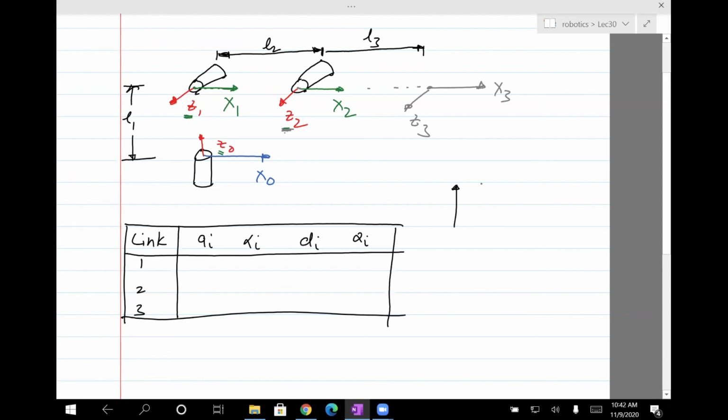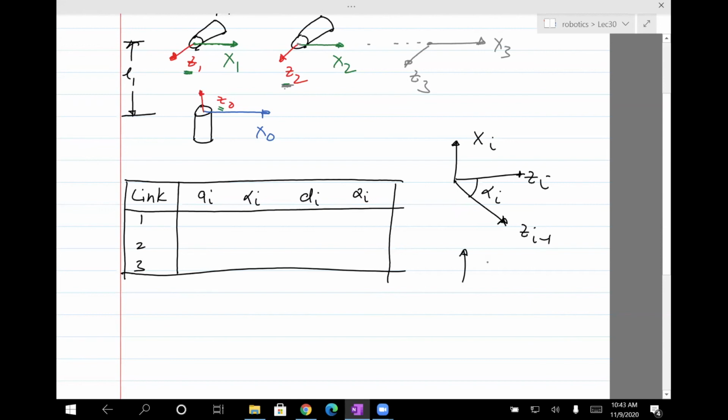So here, XI, ZI, ZI minus 1, alpha I, and then the other one is ZI minus 1, XI, XI minus 1, and then theta I.